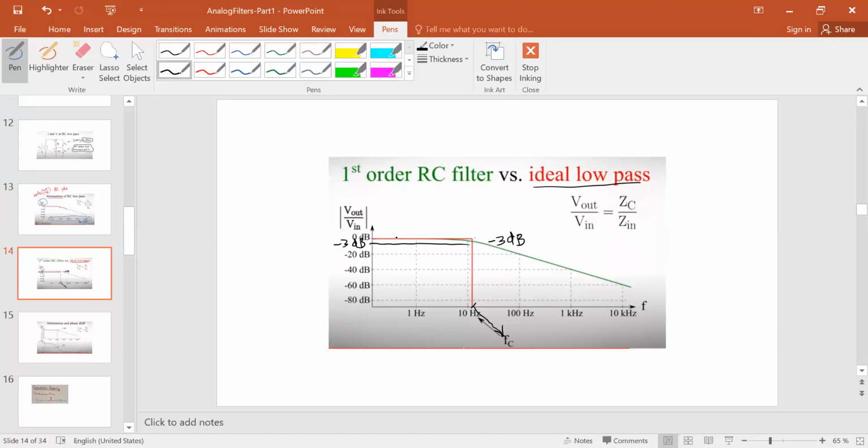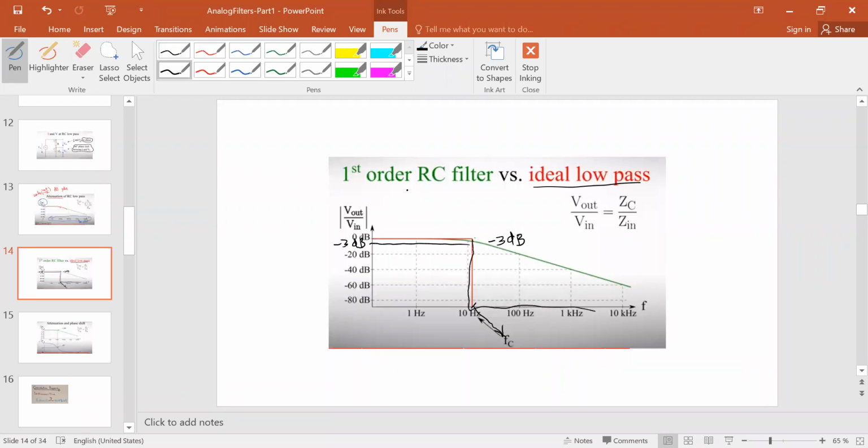So in case of this ideal behavior, we want everything before FC to remain at 0 dB. It means no change, neither amplification nor attenuation. But as soon as we pass FC, there is an abrupt change.